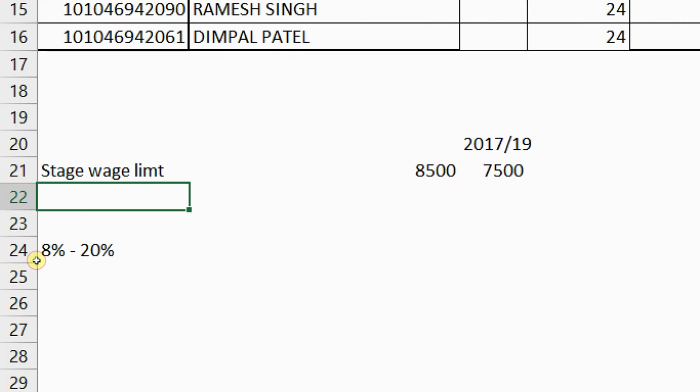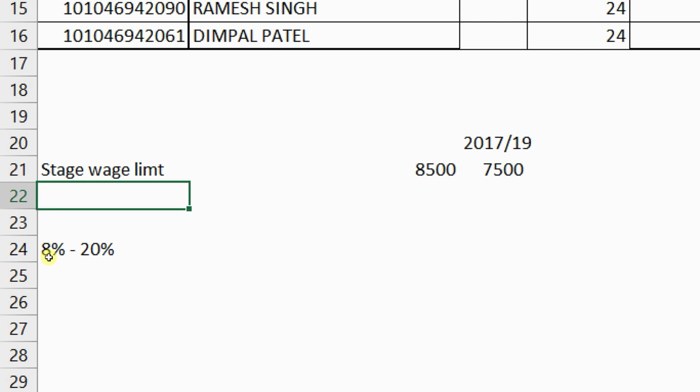Out of the both, whichever is higher, the state wage limit is higher. And then you also need to consider the employee basic plus DA.